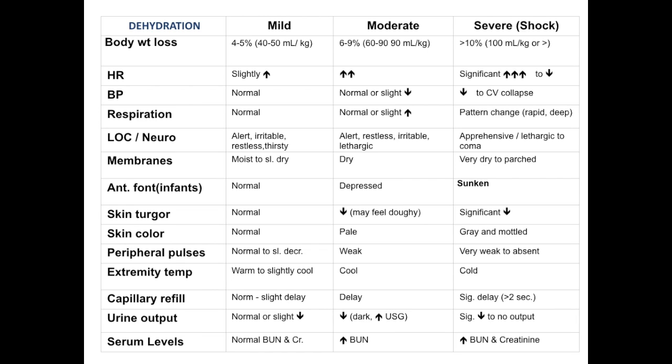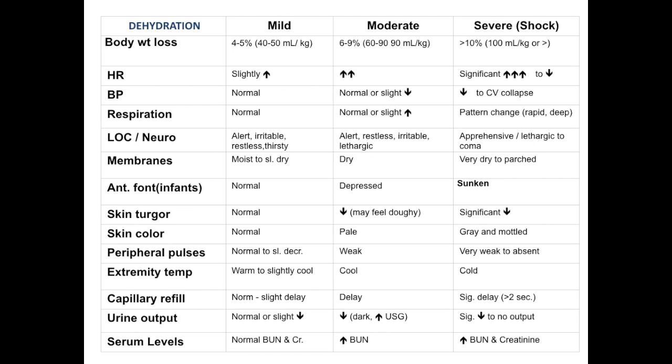There's a significant increase in the heart rate, and then as the child gets to be in more and more shock, we start losing the heart rate. The blood pressure is reduced due to cardiovascular collapse. There's tachypnea, and then as the shock persists, there may be a decrease in the respiratory rate and then respiratory failure. The neurologic system can be apprehensive initially when it's severe and then rapidly go to lethargy and into coma.